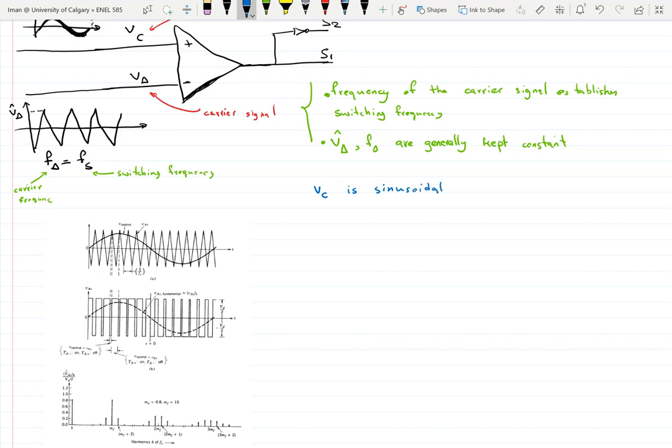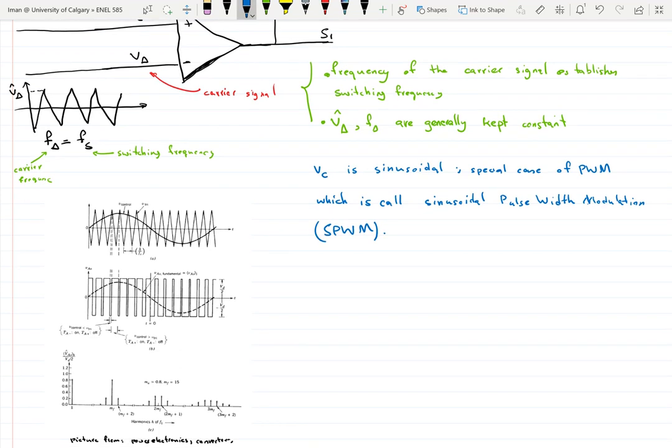It's a special case of PWM, which is called sinusoidal PWM, or pulse width modulation, or for short, SPWM.